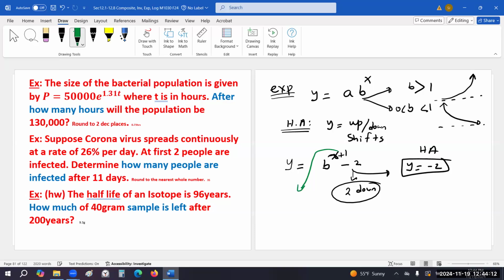And what did we say about the plus 1? Left or right? So if it's plus, which direction you go? Left. Left one.